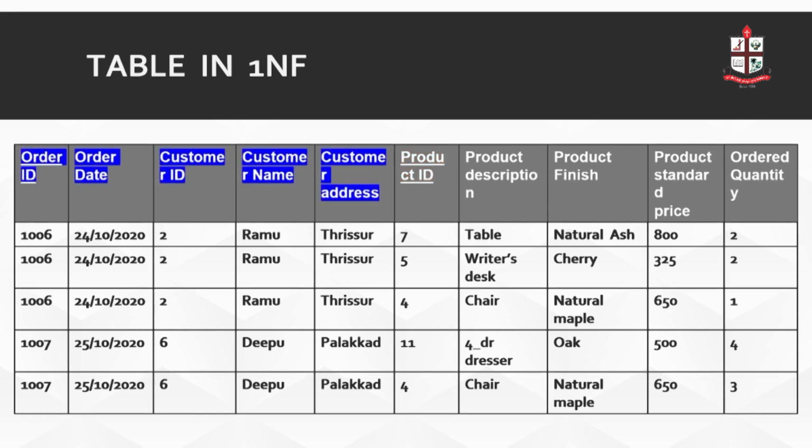And you can see order date, customer ID, customer name, customer address: these are related to order ID. In the same way, product description, product finish, product standard price, these are related to product ID. And ordered quantity depends upon both the product ID and order ID. So these are called functional dependencies.